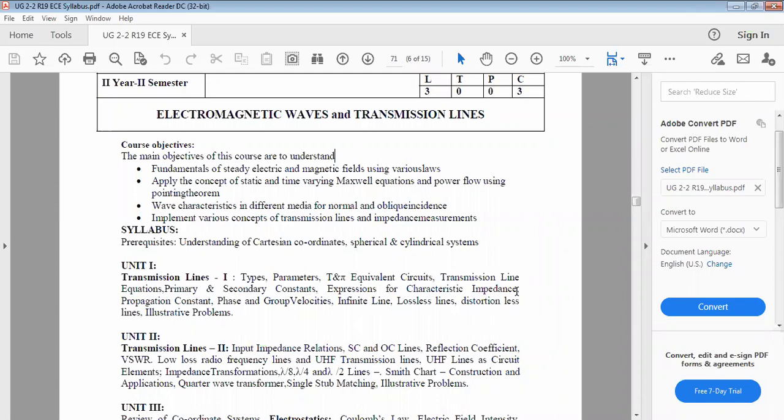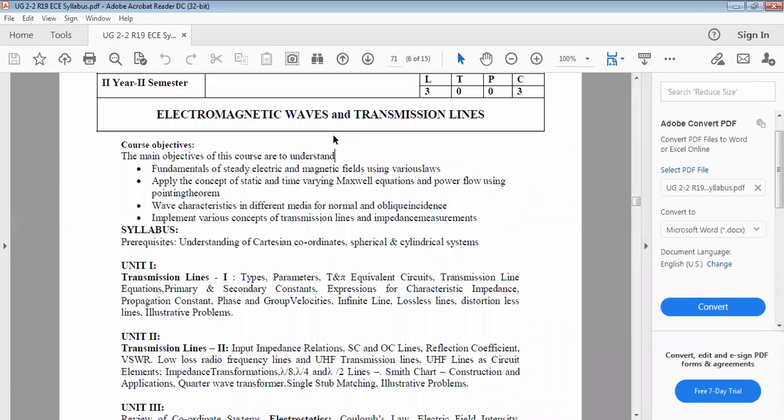You have already seen what contents are available in electromagnetic waves and transmission lines. Now we go through what fundamentals are required to deal with electromagnetic waves and transmission lines.